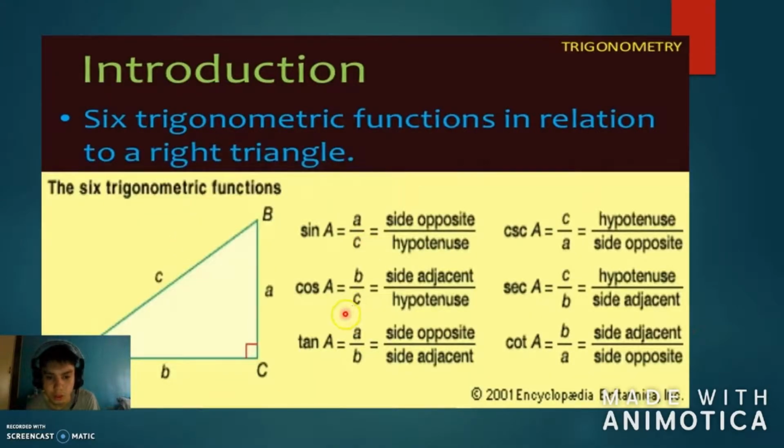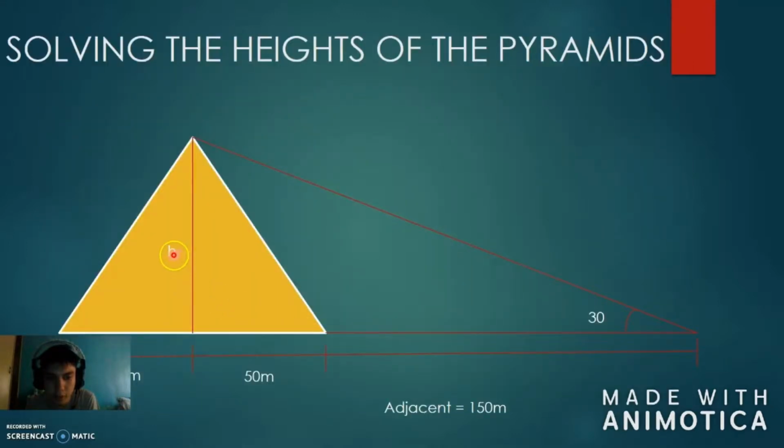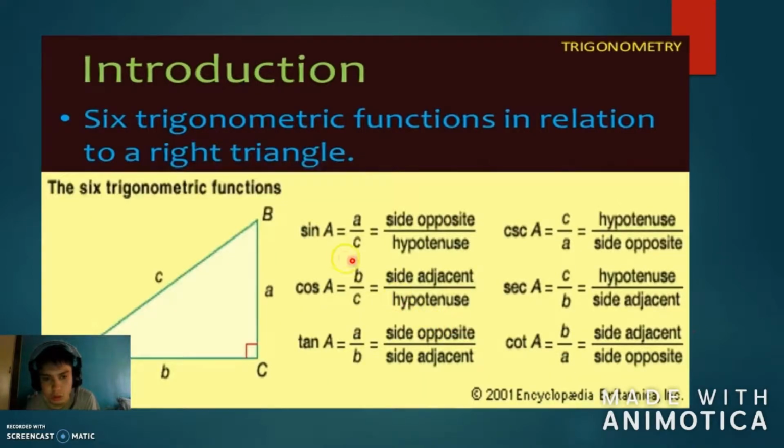I don't know the height, so I'll place that as h, and I am given the adjacent, which is 150 meters, and the angle. So which trig function uses the opposite side and the adjacent?